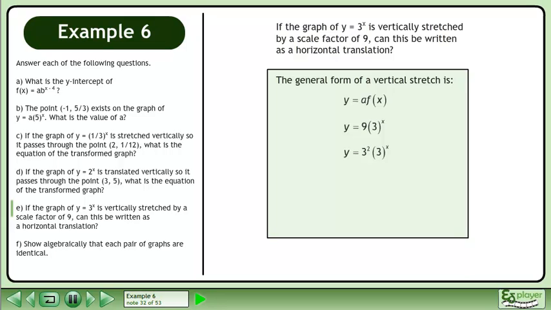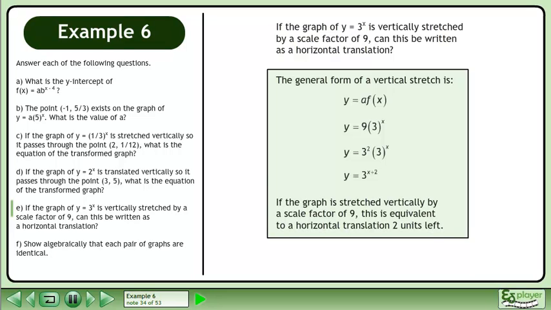Get a common base. Multiply the powers and add the exponents to get 3 to the x plus 2. If the graph is stretched vertically by a scale factor of 9, this is equivalent to a horizontal translation 2 units left.